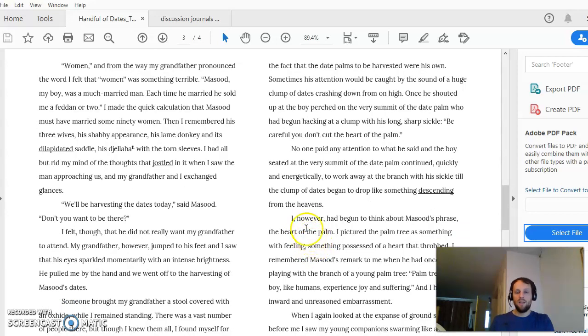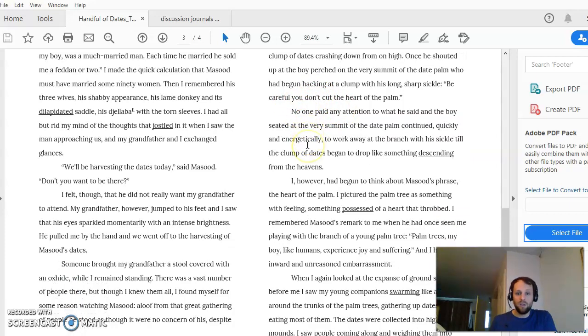Also, as I said, when a character speaks in a story, they're telling us about who they are and what they're like. So you want to look through the rest of the story and find pieces of dialogue from Masood that will tell us what he's like.